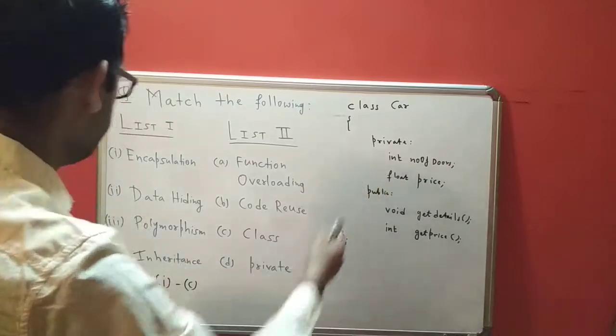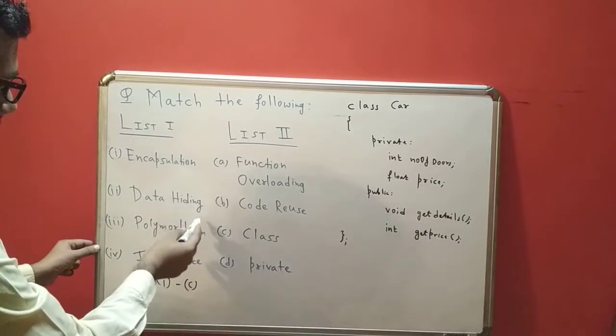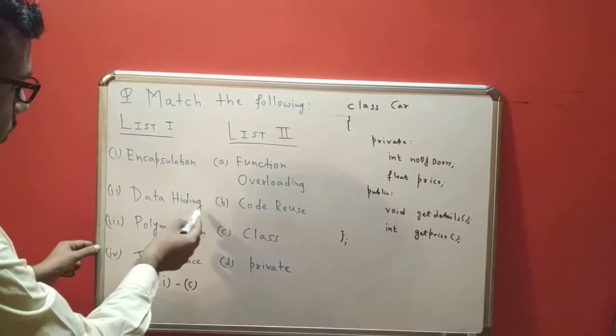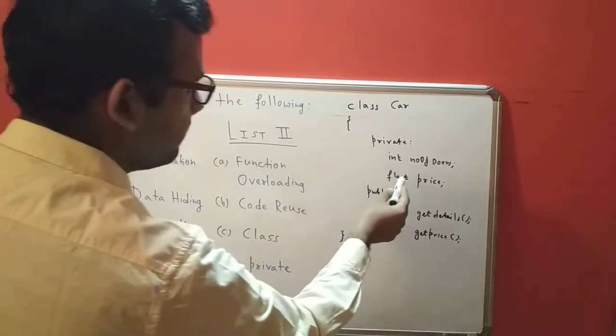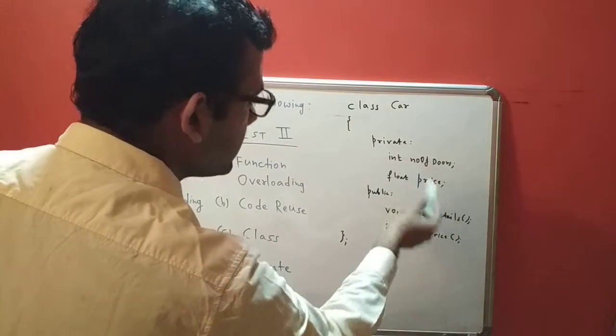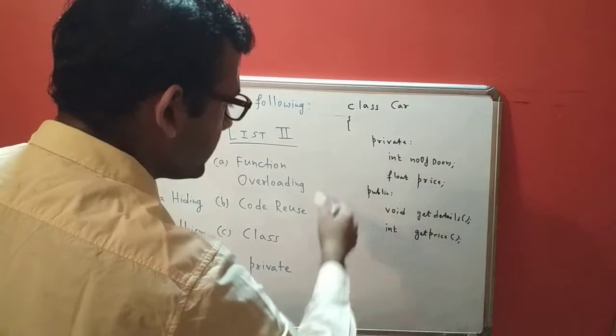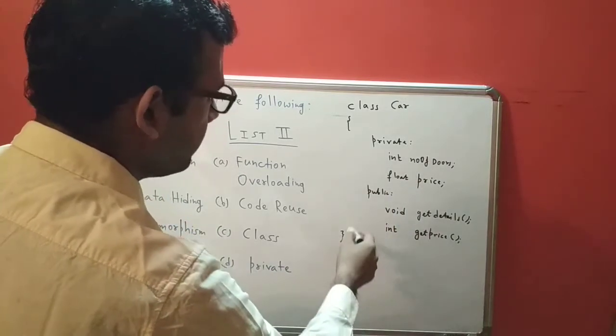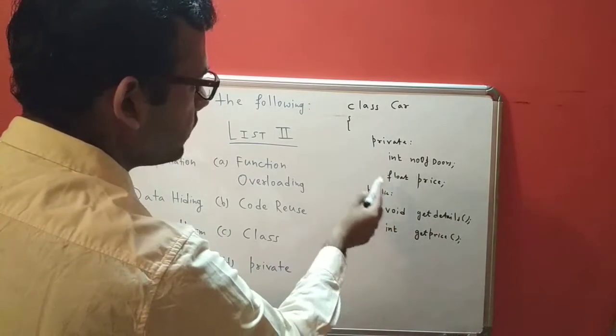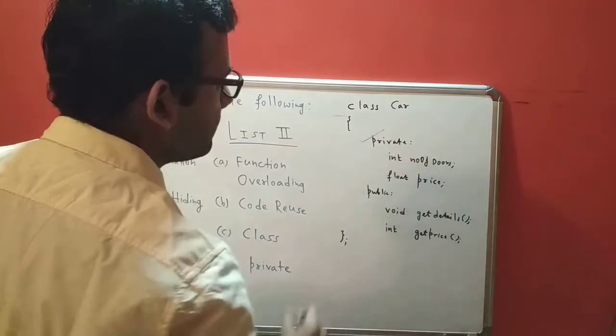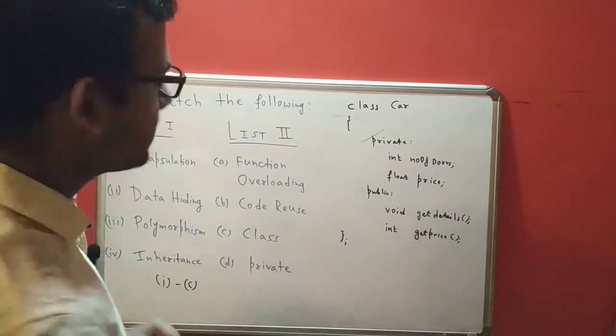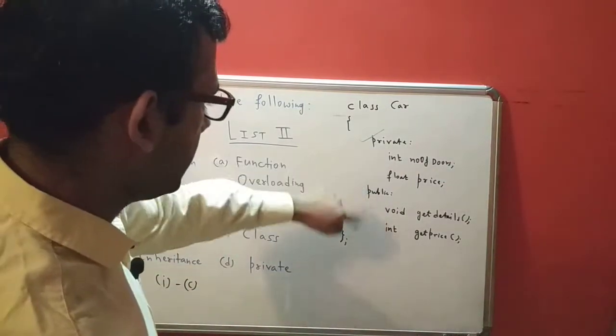If they have to be accessed, it has to happen through the member functions because they act as the interface to the data. So if you have to implement data hiding, you would have your data members in such a way that they are not accessed directly outside the class. And how do you do that? You do that using the access specifier private. We have three access specifiers: private, public, and protected.